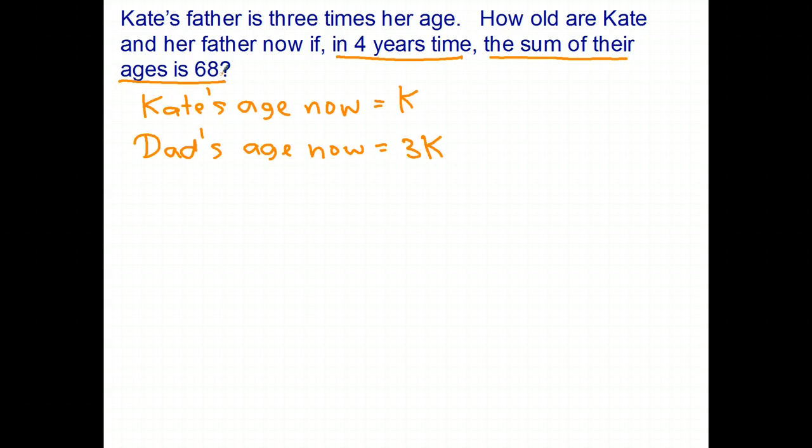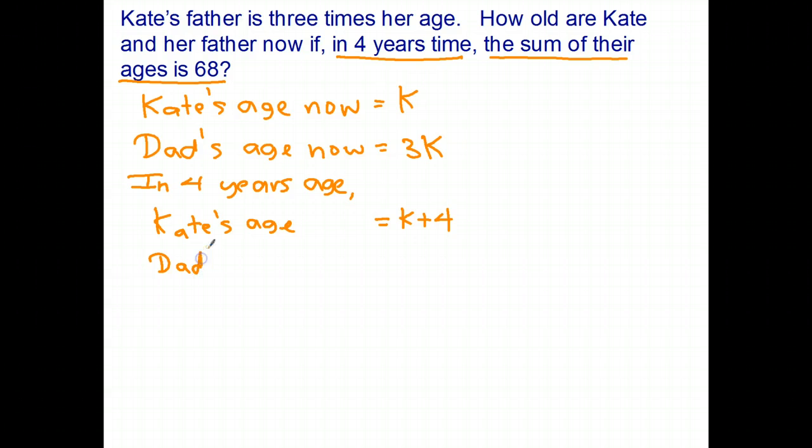Now, how old are Kate and her father now if in 4 years' time the sum of their ages is 68? So, in 4 years, what's the expression for the age of each of these people? Well, Kate's age in 4 years' time is just going to be K plus 4. We just add 4 on to her current age. Her dad's age in 4 years' time, same idea.